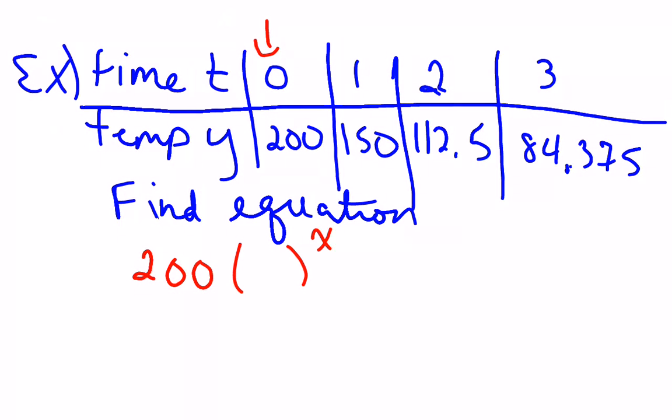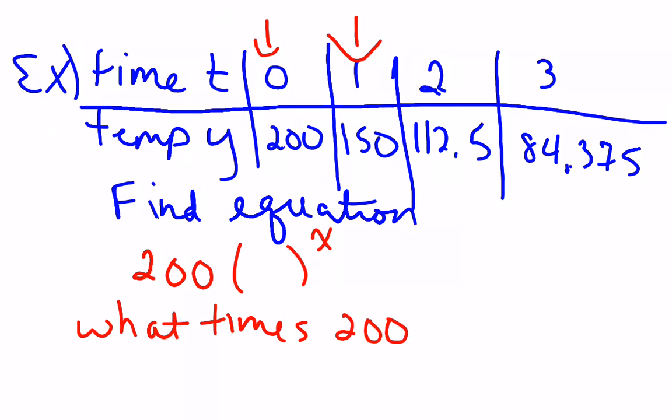Now, anything to the first power is itself. This column right here. So what we have to ask ourselves is what times 200 equals 150? Well, let's divide those. 150 divided by 200 will give us our answer.